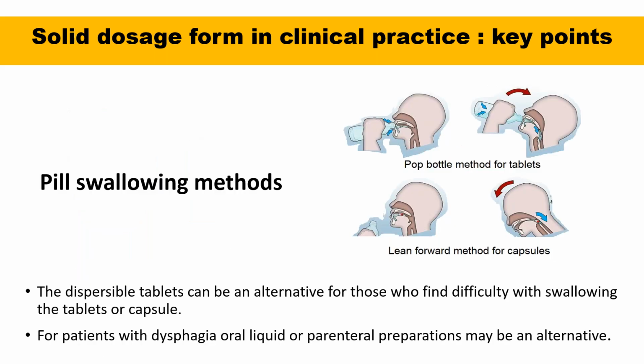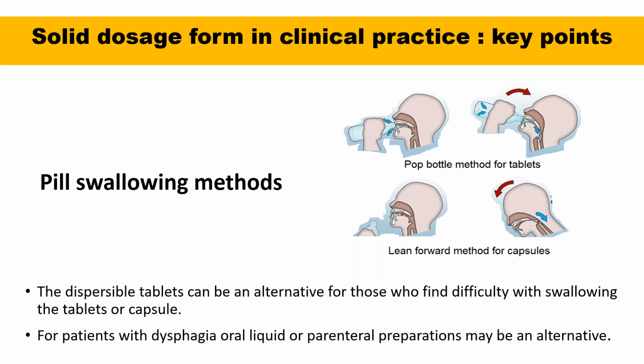Sometimes we have patients who have a lot of fear of pill swallowing, so we can suggest some methods. Sometimes we have patients who have psychological fear while swallowing a tablet. There are two methods: the pop bottle method for tablets and the lean forward method for capsules.